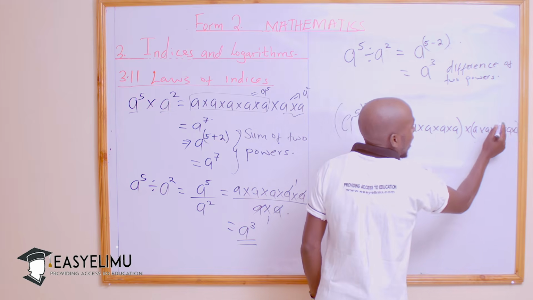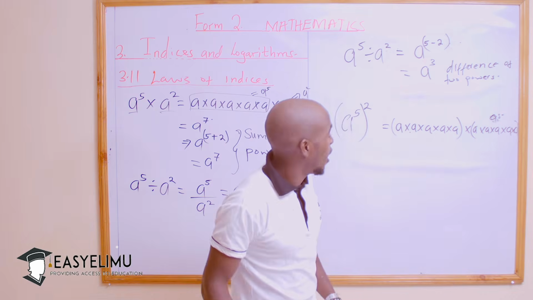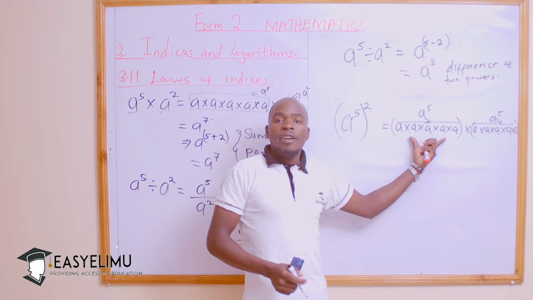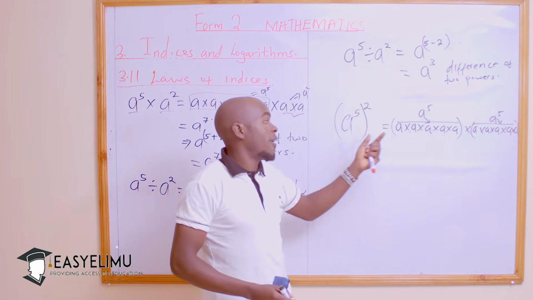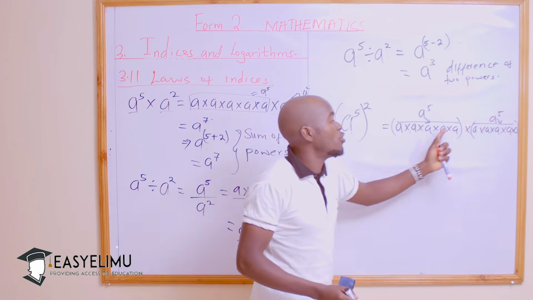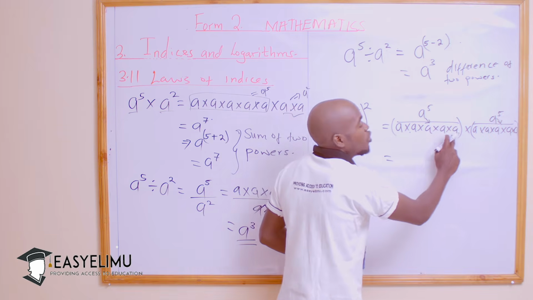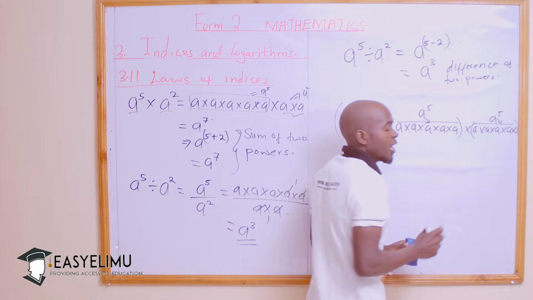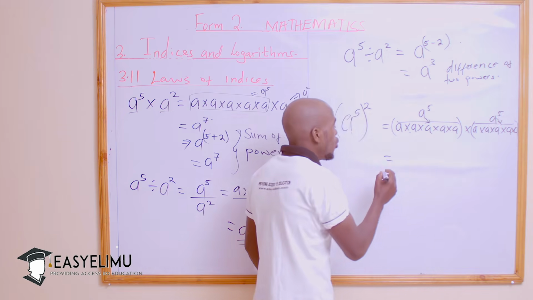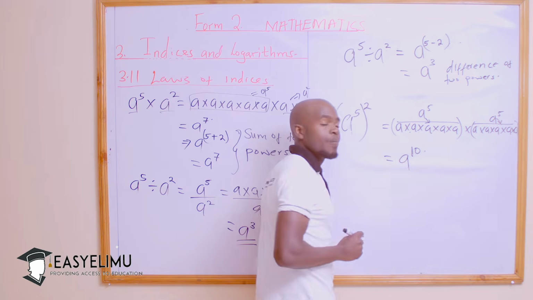So what is in the first bracket is a raised to 5, and what is in the second bracket is a raised to 5. If you open the bracket and multiply by the second bracket, you will end up having a raised to 10.